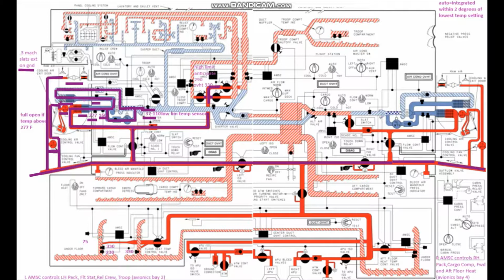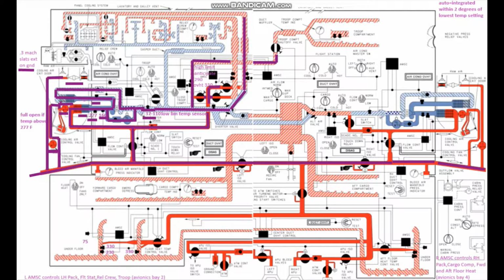So then we'll end up with cold air making its way across here, and then it starts making its way into our ducting. You can see here, it'll make its way up here and into the various ducts within the troop compartment, the courier compartment, and the flight deck.